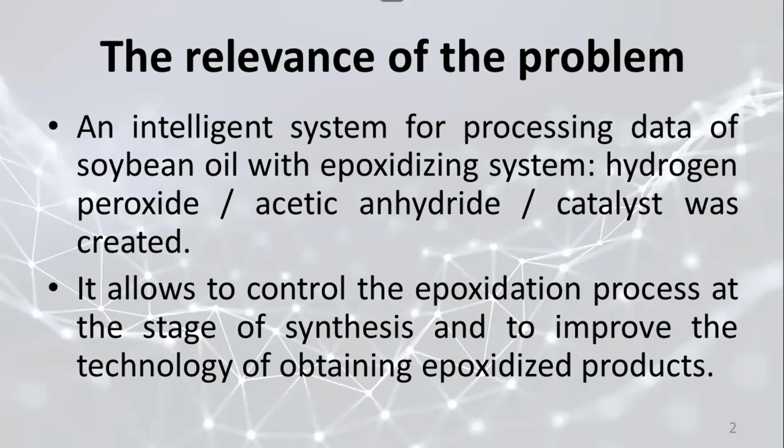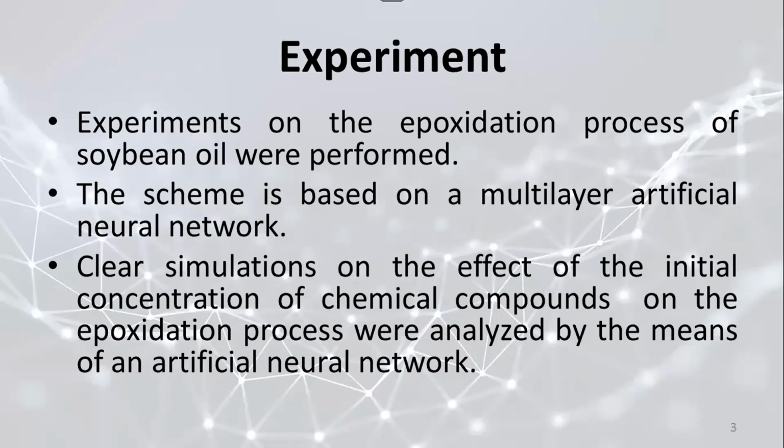Experiments on the epoxidation process of soybean oil were performed in the laboratory, and the scheme is based on a multi-layer artificial neural network for digital signal processing. Simulations of the effect of the initial concentration of chemical compounds on the epoxidation process were analyzed by means of an artificial neural network.